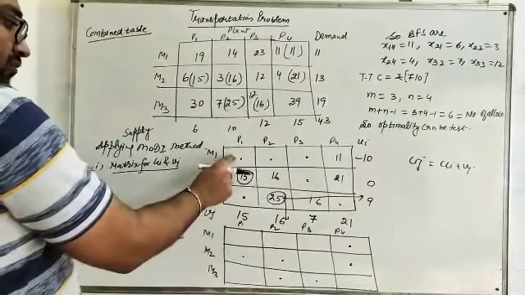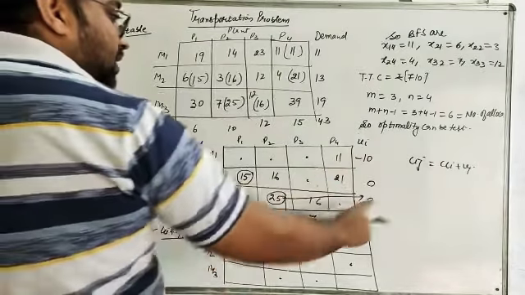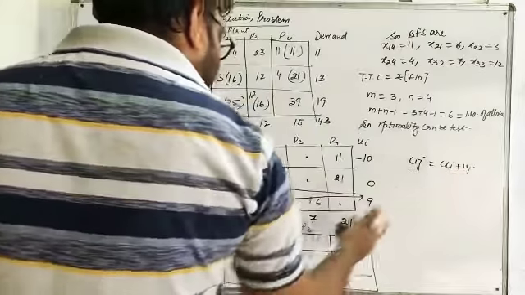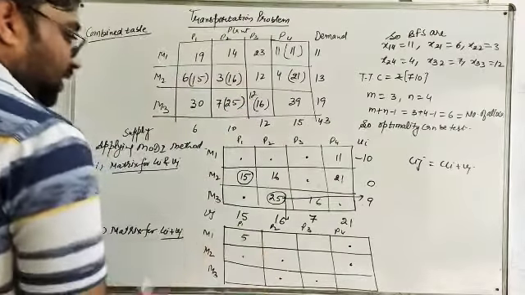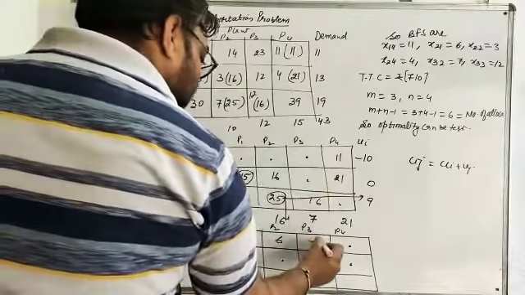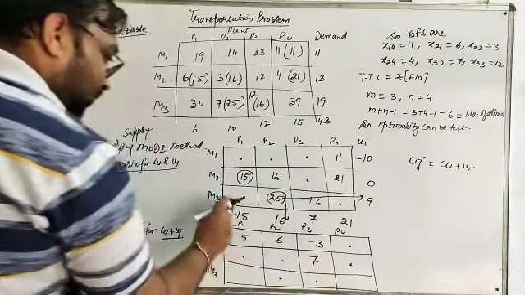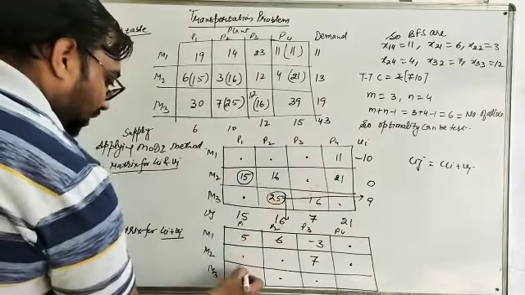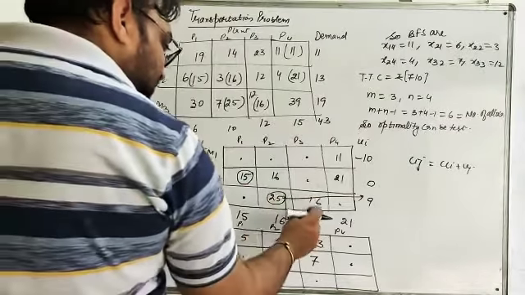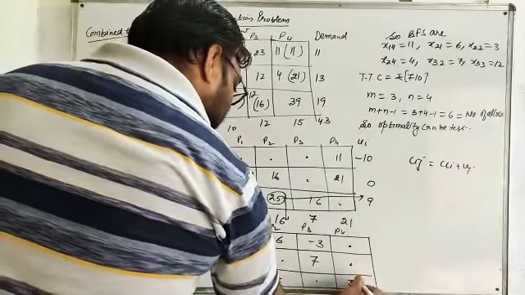That is, if we are calculating this, then the corresponding ui is minus 10 and vj is 15. And the Cij is equals to ui plus vj, then this is equals to 5. Same as for this is 6. For this minus 3. For this 7. For this 15 plus 9, 24. And for this particular element 21 plus 9, 30.